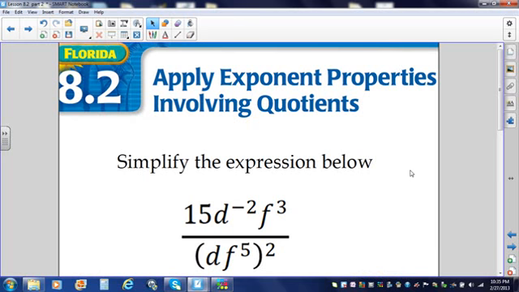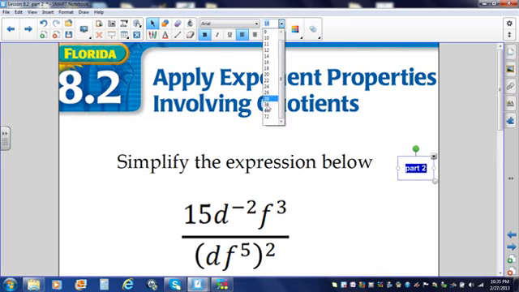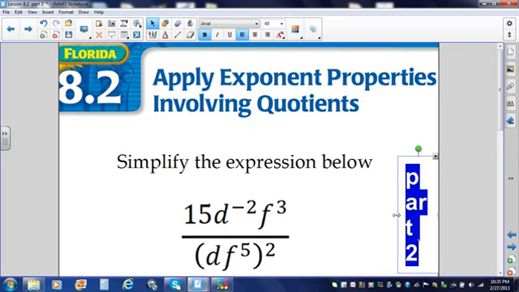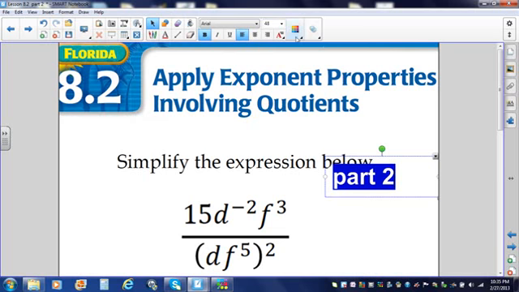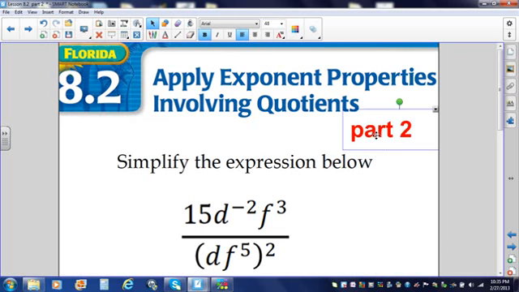Alrighty, today's podcast is going to be on lesson 8.2 again, and this will be part 2, dos. We are still working with exponents, more specific exponents with division.